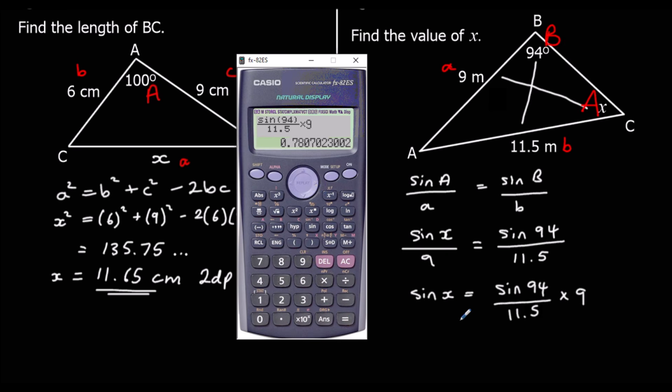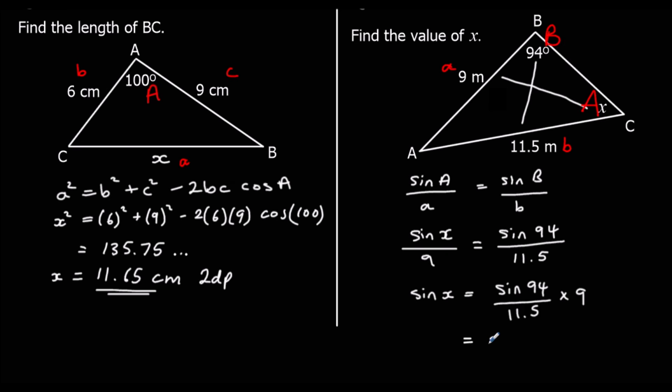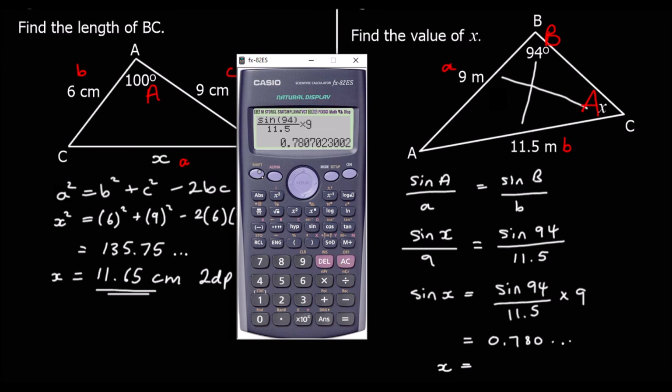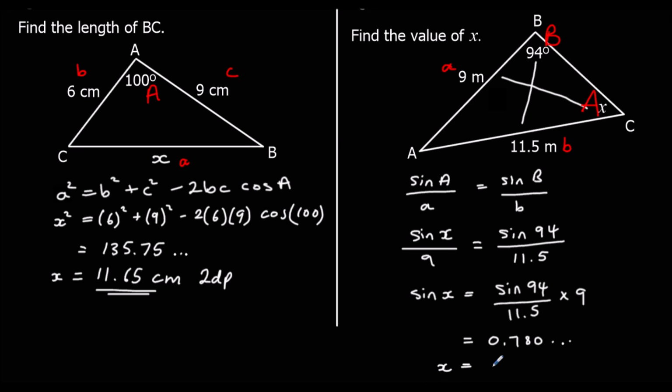So sine x is 0.780 and so on. And to get x by itself, we're going to shift sine. So shift sine the answer, and we've got 51.32 degrees to 2 decimal places.